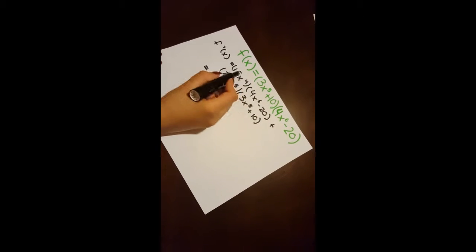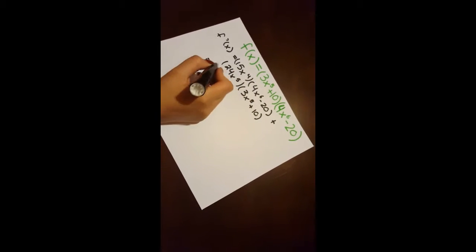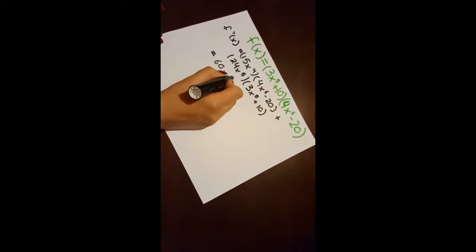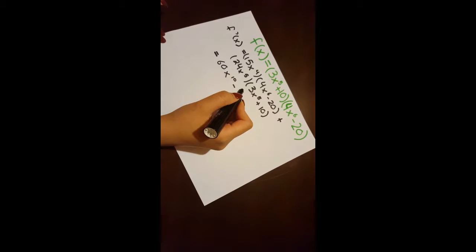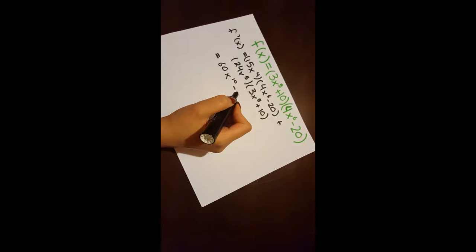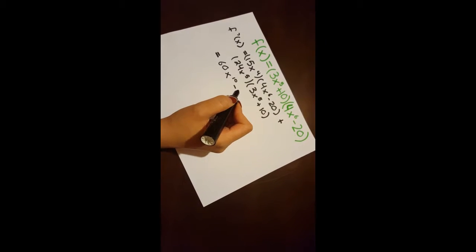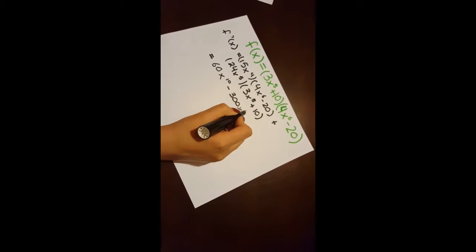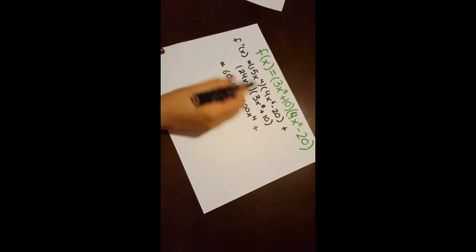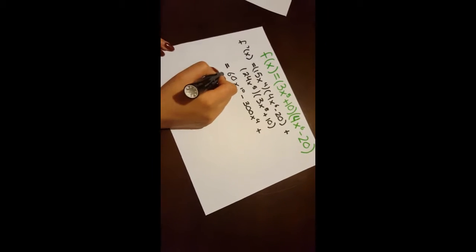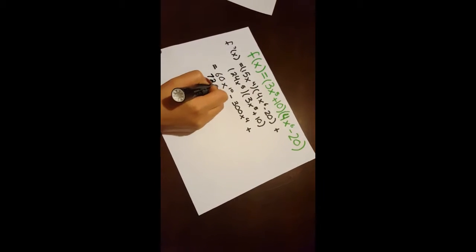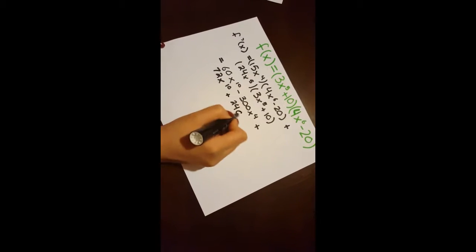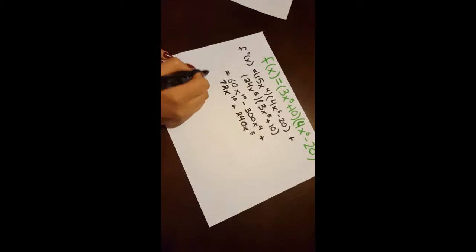So to expand this, we're going to have to do 15 times 4, so 60, and then add these together, minus 15 times 20, which is 300, x to the power of 4, plus, now we have to expand this, 24 times 3, 72, x to the power of 10, plus 240, x to the power of 5.